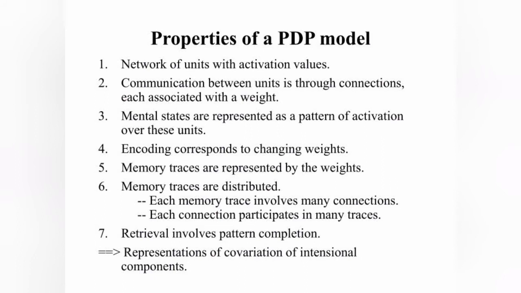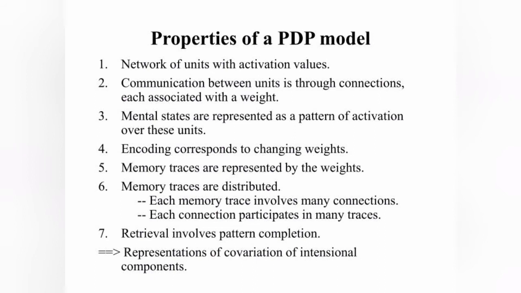Now, if we bullet or order the general characteristics of the PDP approach, we might do it in this way. Number one, a network contains basic neuron-like units or nodes which are connected together so that a specific unit has many links to other units. Hence, the alternate name for the theory, connectionism.